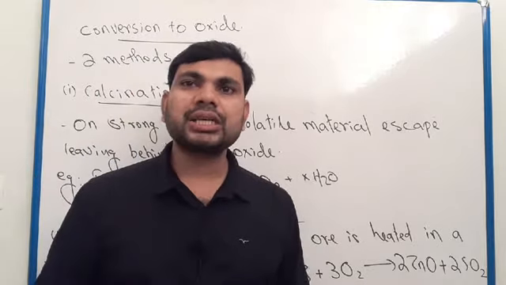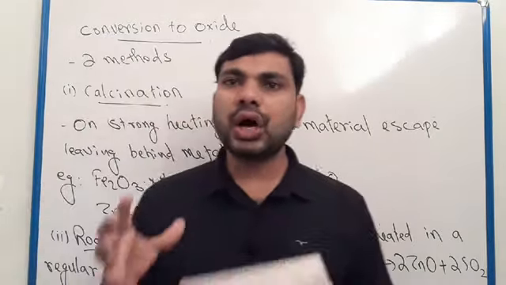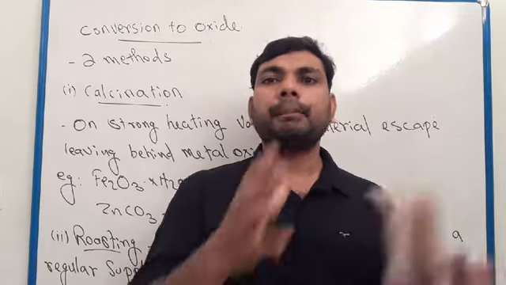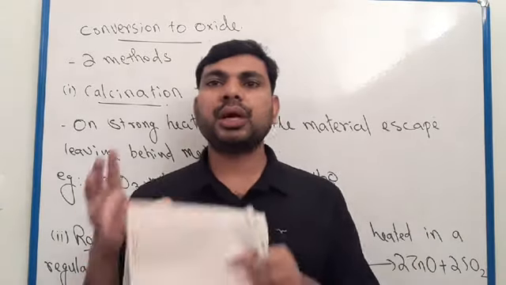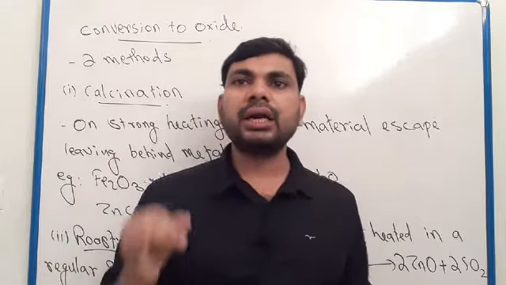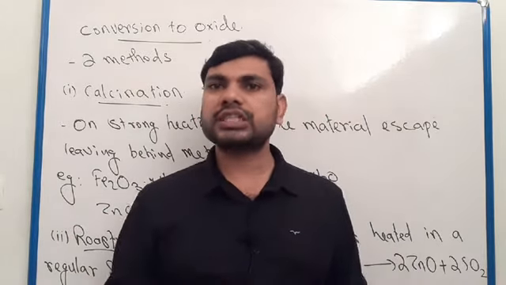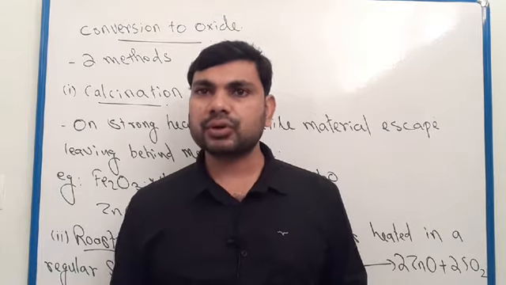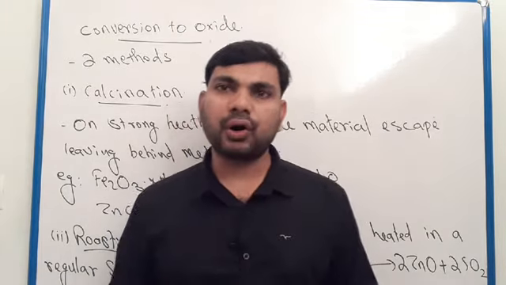So calcination and roasting are the two methods to convert concentrated ore to metal oxide. Calcination is heating very strongly in absence of oxygen. Roasting is heating very strongly in presence of oxygen.